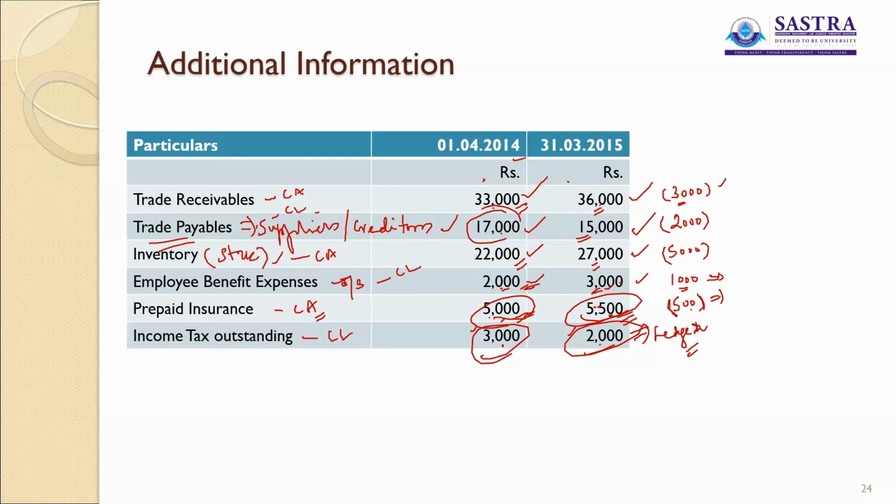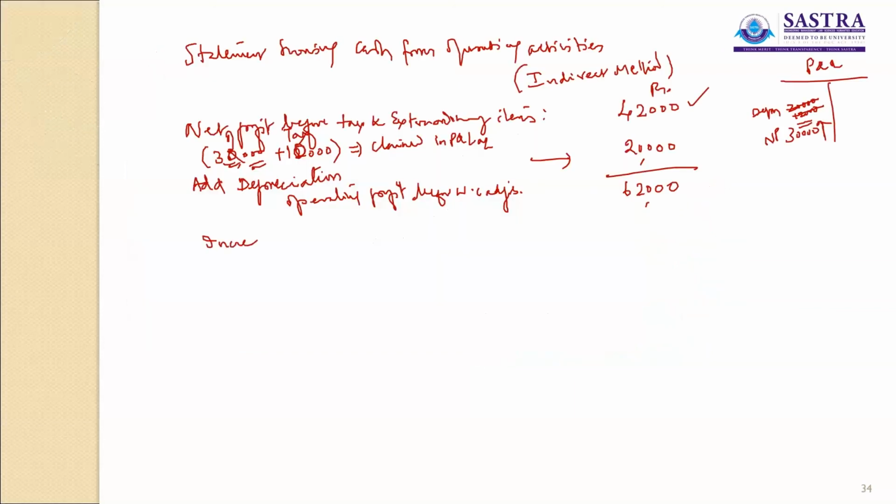So now I am going to incorporate this in the statement. So here, increase in trade receivables. Increase in trade receivables is to be taken as a less item, 3,000 less. Similarly, increase in inventory, to be taken as a less item.